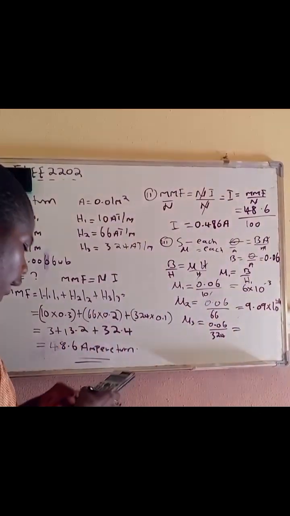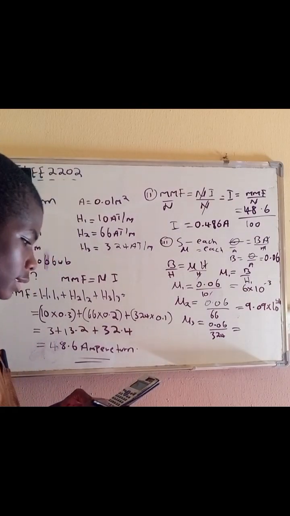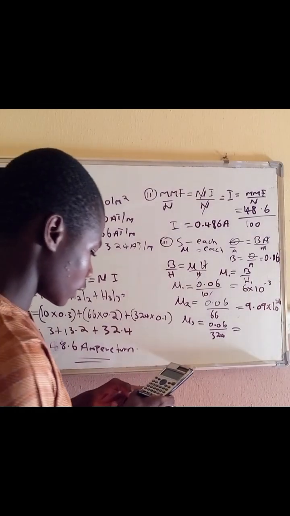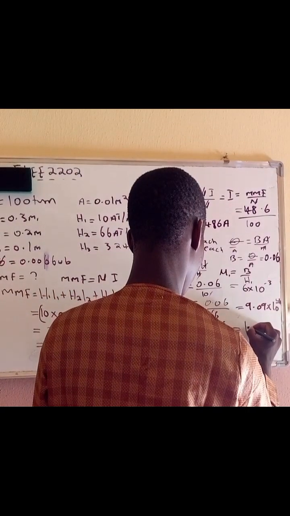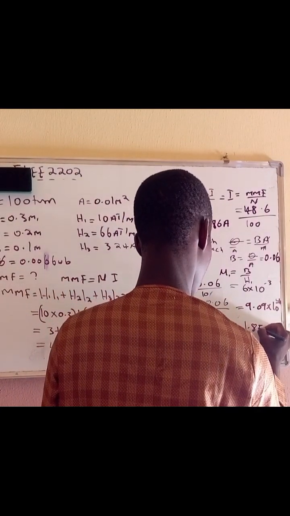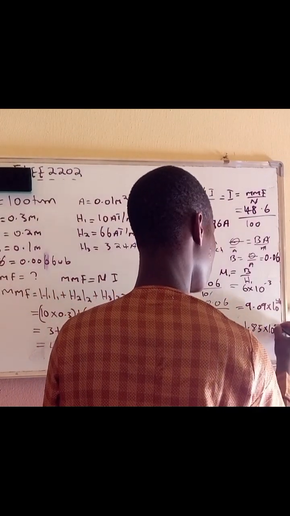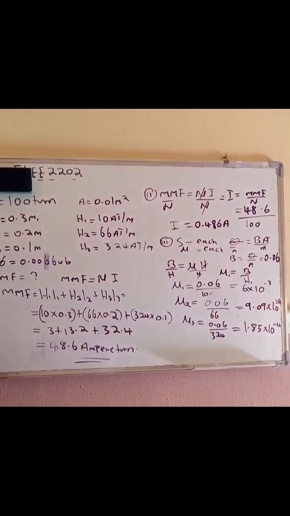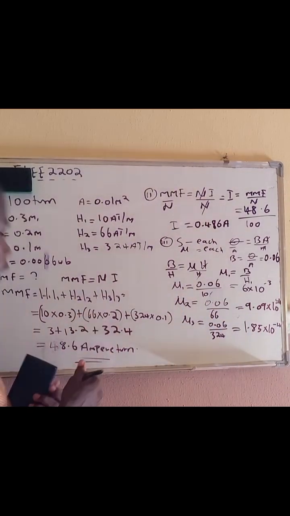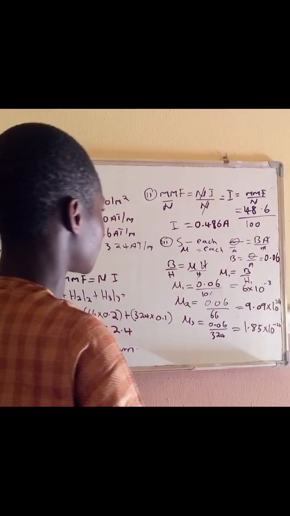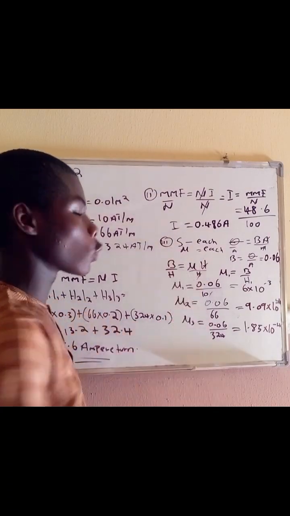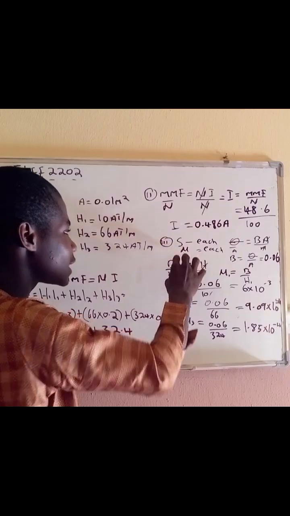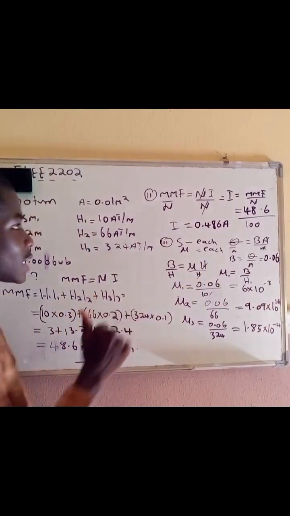And 0.06 divided by 324 gives 1.85 times 10 exponential of negative 4. So the second statement has been solved, which says to calculate the permeability of each material.